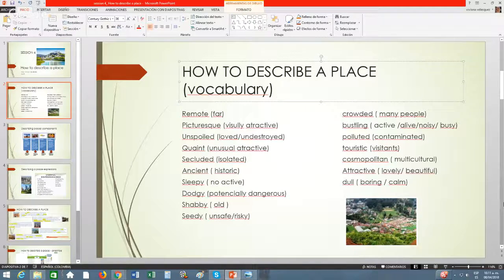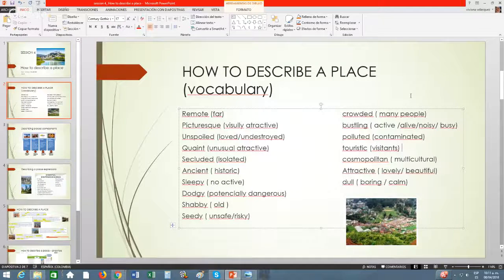Polluted. Bogota is the first. Right, the first in contamination, pollution. Exactly. In that case, you know about chemical reactions, all the oil and petrol and those things which contaminate the environment. Now, touristic, very important, of course. Cartagena, for example, is a touristic place, so it has a lot of visitors.